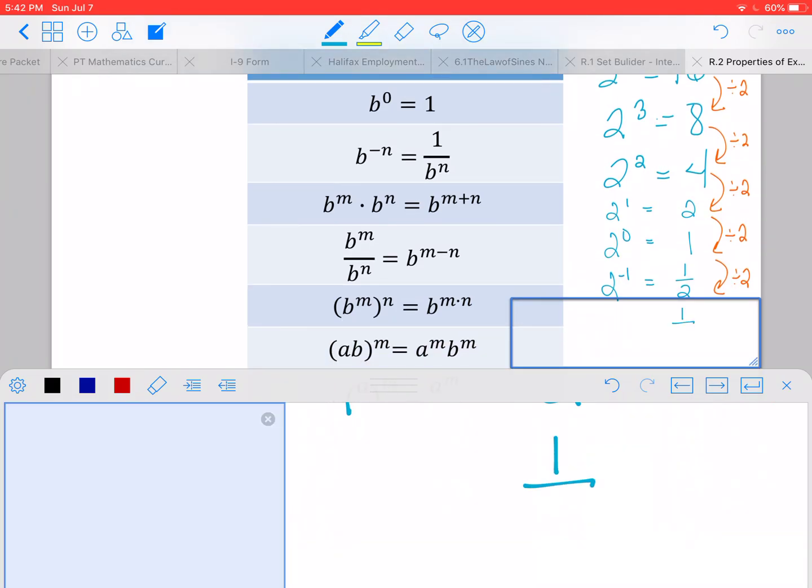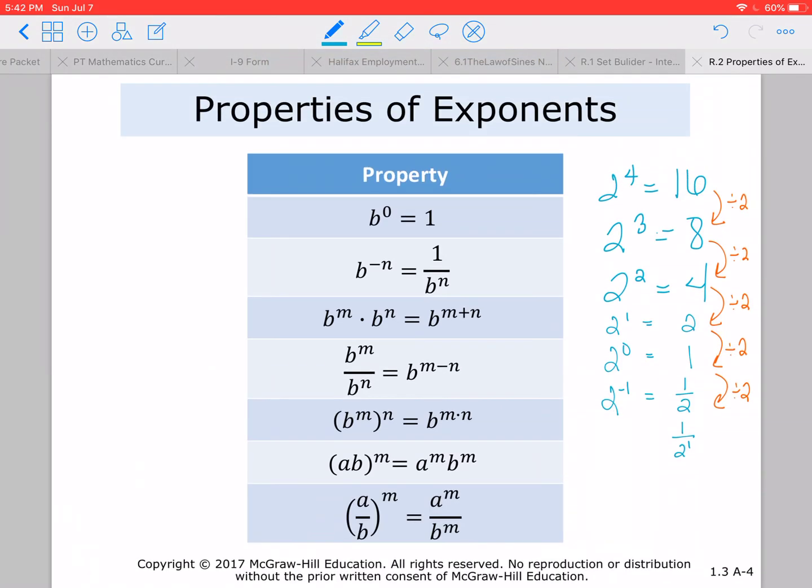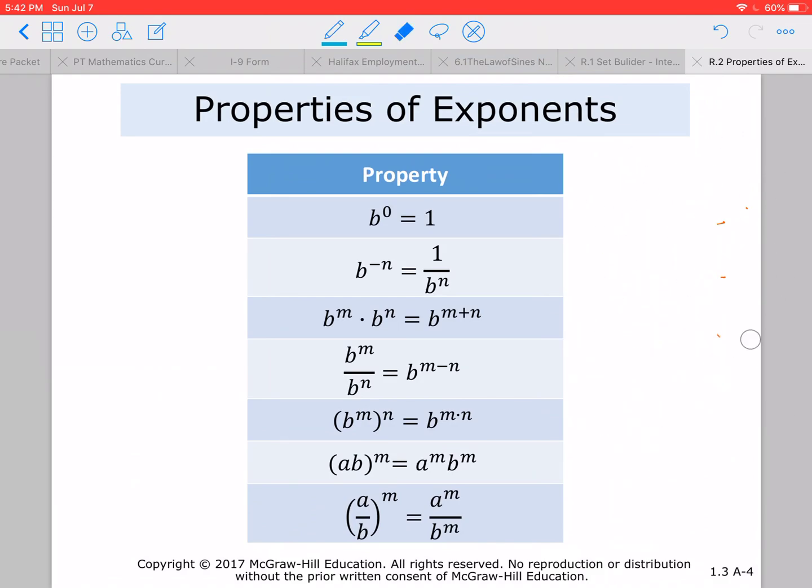That's 1 over 2 to the 1. Our 2 goes to the bottom of our fraction, to the denominator. So that is a quick reason as to why a negative exponent takes us down to the bottom of our fraction. Okay, so there's an explanation for the first two.